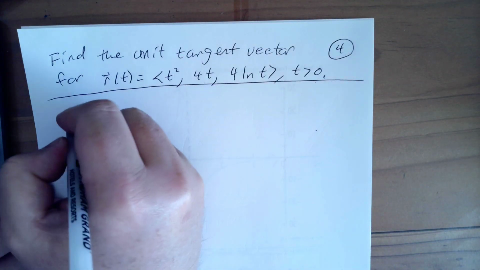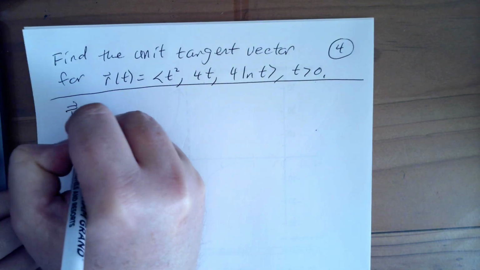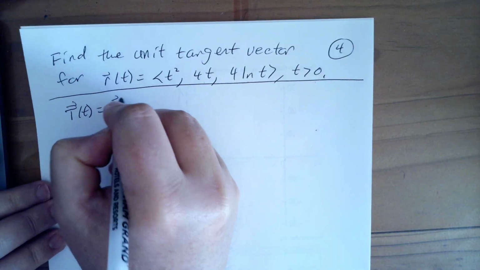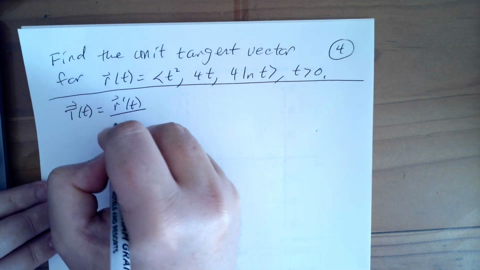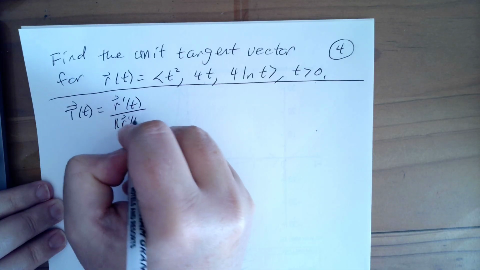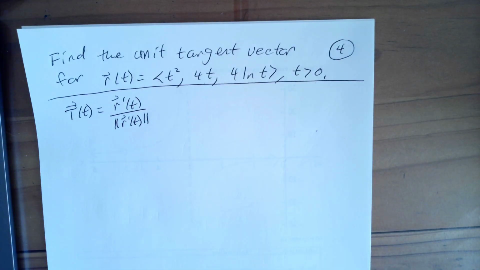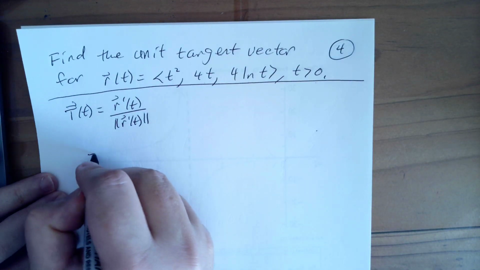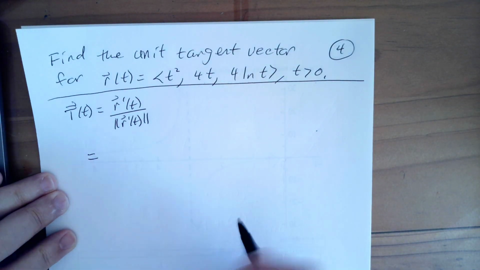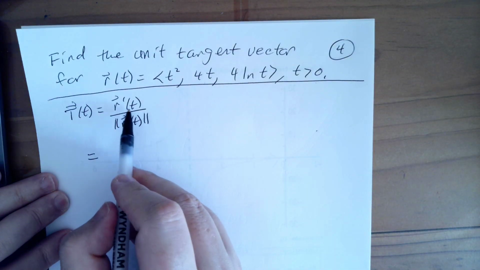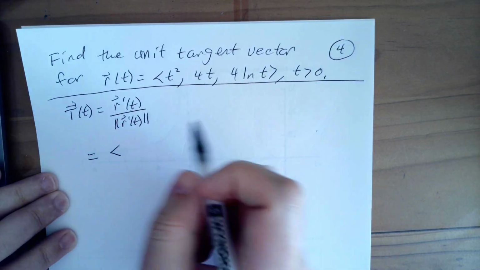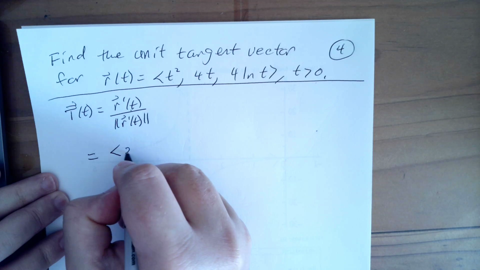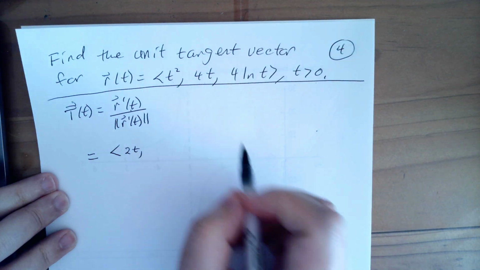Okay, so let's copy down the formula. T of t is going to be r prime of t divided by the magnitude of r prime of t. Okay, let's start finding derivatives and see how this will shake out. Derivative: this one, 2t.